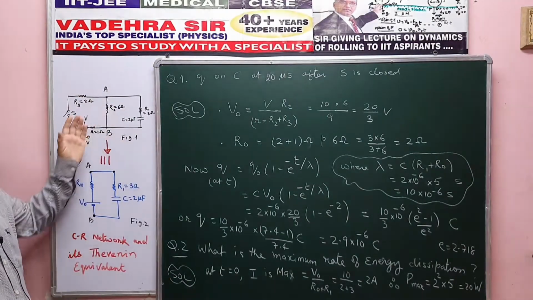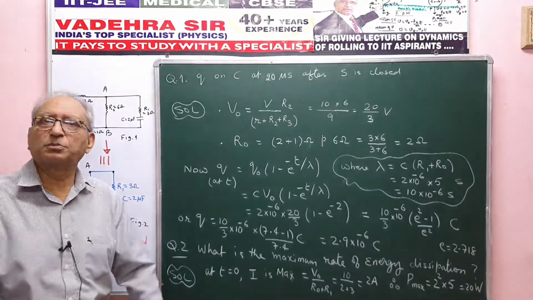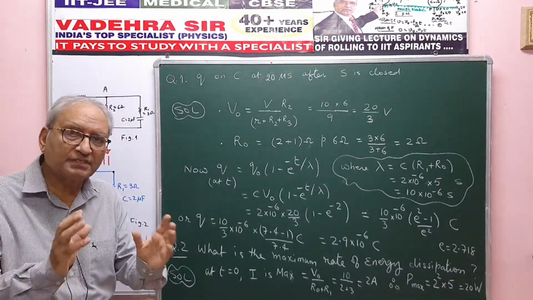There are other resistors as well. There are loops. It's not a single loop. But why don't we convert this into a single loop?